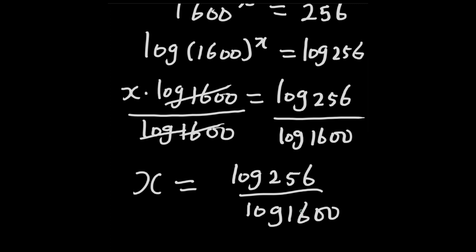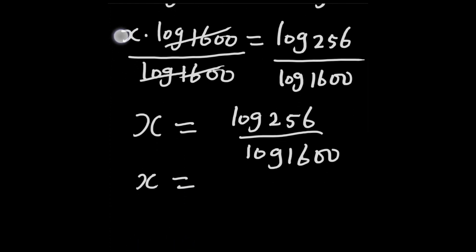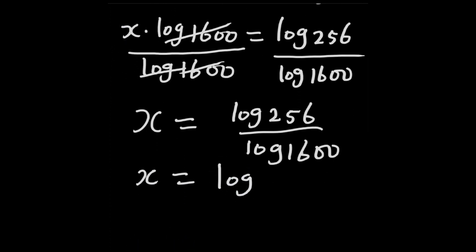Now we have 256 and the term in the denominator is 1600. But we can write this 256 as 2 raised to the power of 8, which is its lowest form, the lowest base and the lowest number. So we're going to have x equal to log of, in place of 256, 2 raised to the power of 8, then over log of, in place of 1600 here, we're going to make it 40 raised to the power of 2.